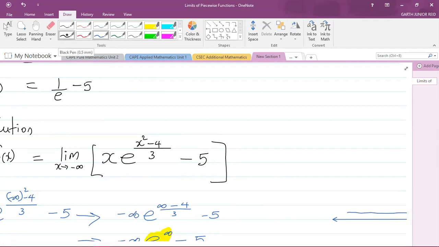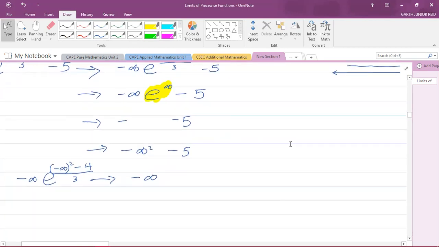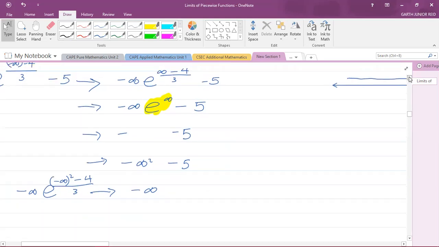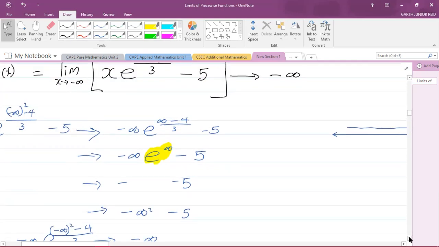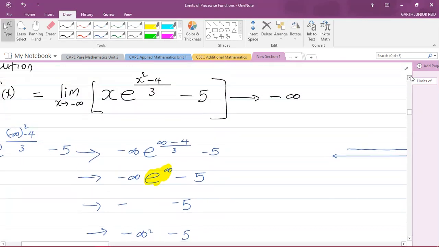Oh, I forgot the negative 5 here, so let me just write it. Subtract 5. Yes, that is approaching negative infinity.